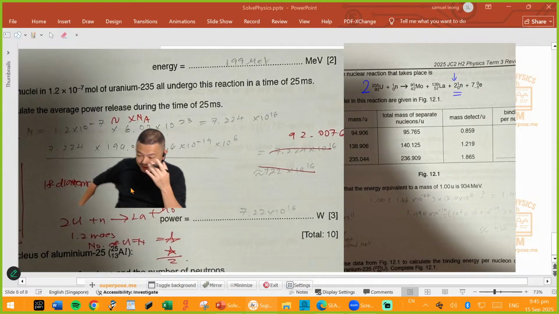Wait, let me think first. It's interesting, but the moment you mention limiting reagent, something clicks in my head. Sorry, one more time.